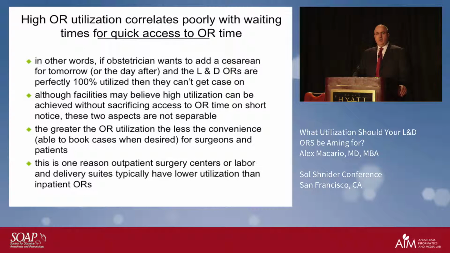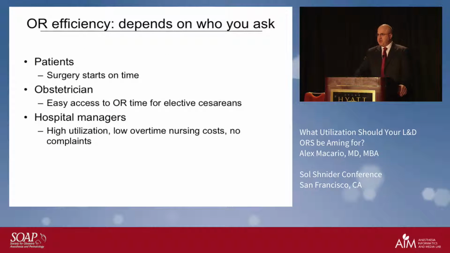Now, what about OR efficiency? As we think about OR utilization and what it should be in the operating room and in labor and delivery, everyone has a different definition of OR efficiency. If you asked patients, many would think, okay, my case was scheduled for 2 in the afternoon. It started around 2. That means that the operating room is running pretty efficiently.